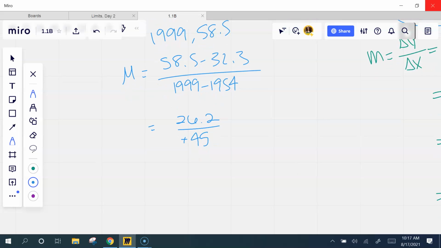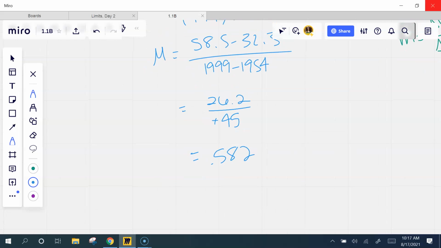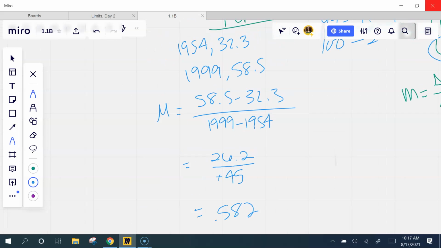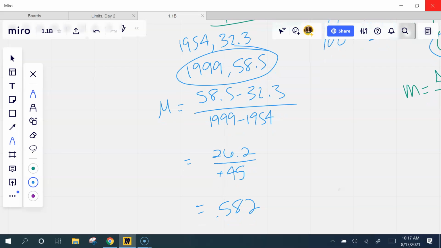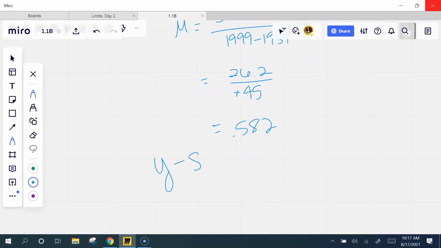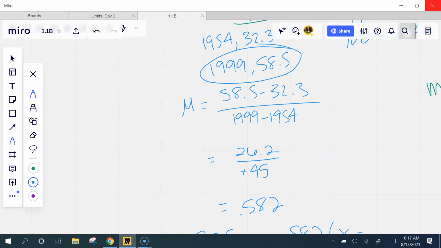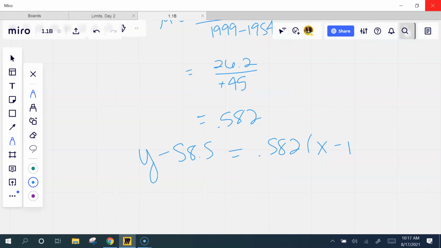So 26 points. Let's just do a decimal for this one. 0.582. And then use one of those 2 points to form your equation. So y minus, I'll use this one, y minus 58.5 equals slope times x minus 1999.